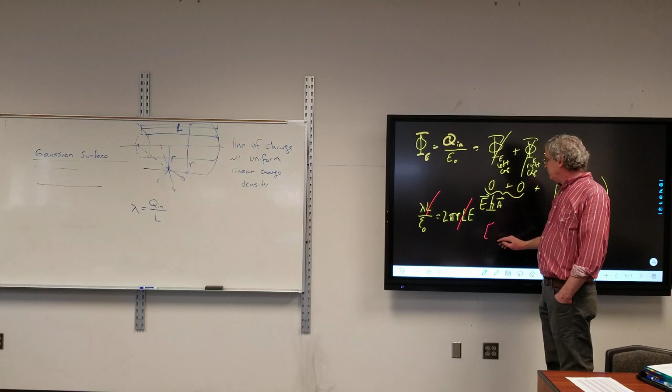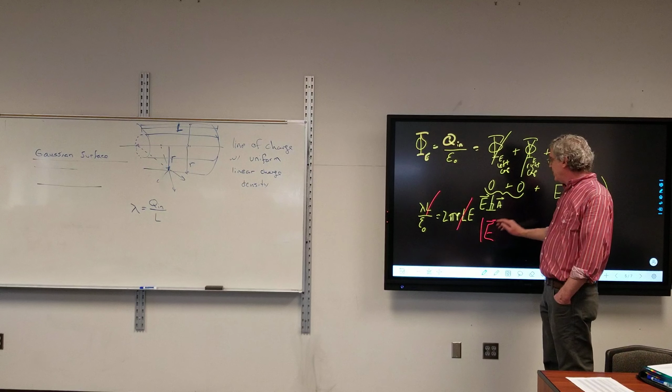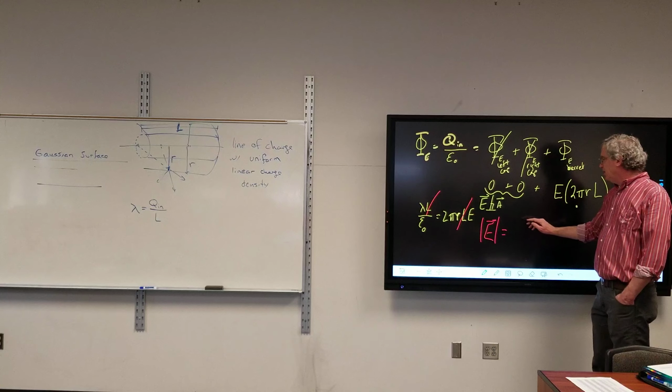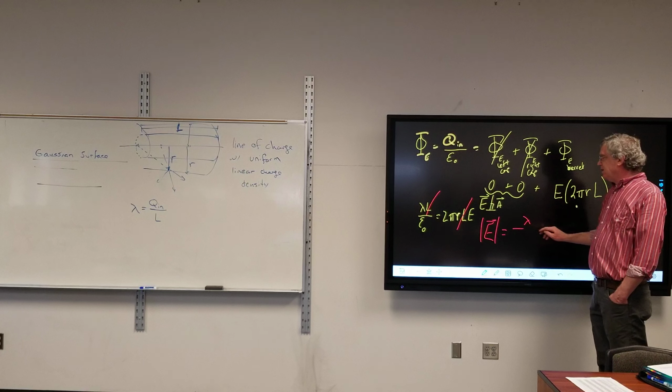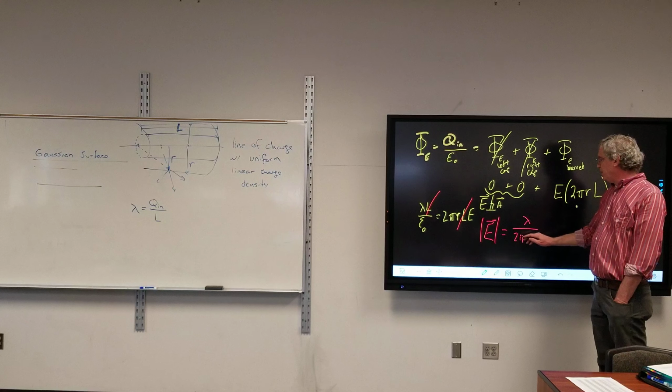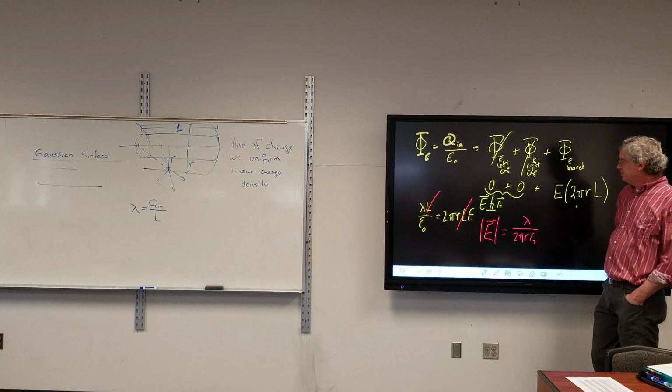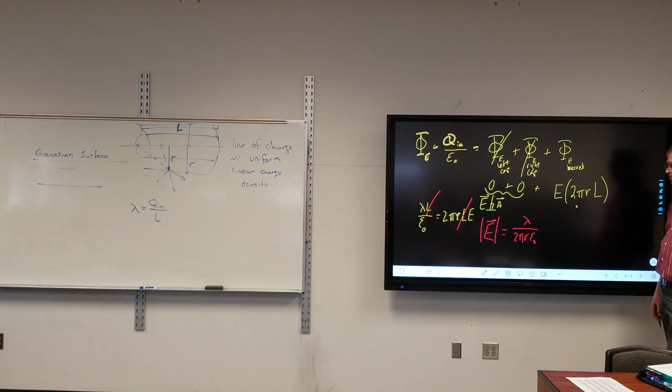So the magnitude of my electric field is equal to the linear charge density divided by 2 pi r epsilon sub naught. And there we go. The electric field from an infinite line of charge with a uniform charge distribution.